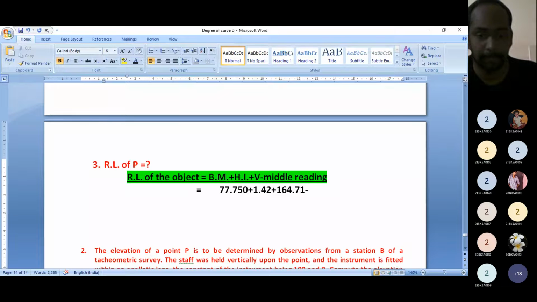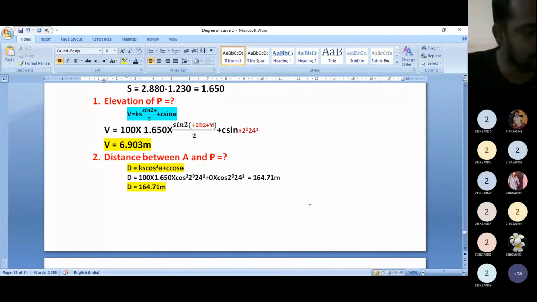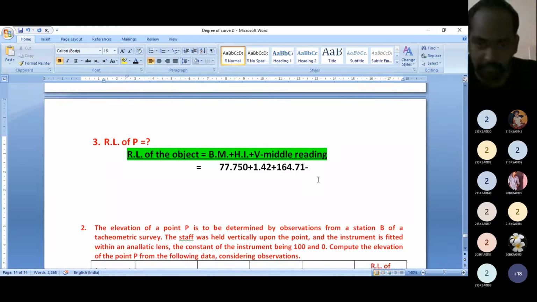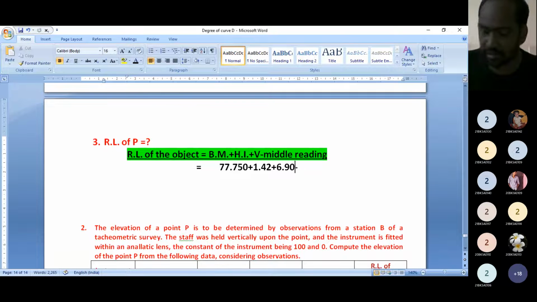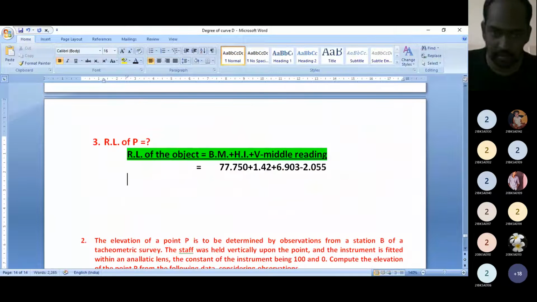The V value you got is 6.903, or 902, one or two in the decimals does not matter. So 6.903 minus the middle reading, 2.055. The answer is 84.01 meters. This is the RL of the object station.